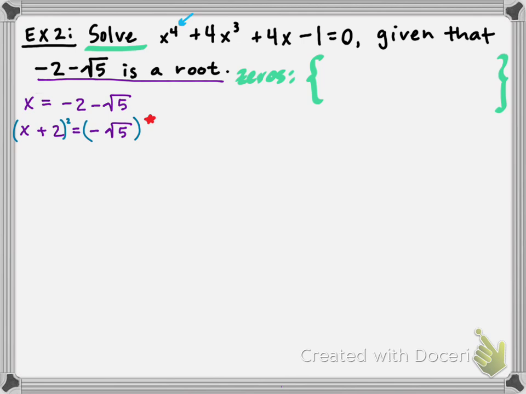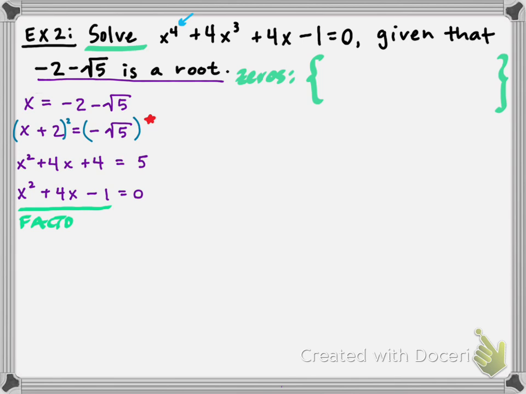So we'll talk about that in a few minutes. So then, from here, expand that binomial. So we have x squared plus 4x plus 4 is equal to, now what's negative square root of 5 times negative square root of 5? Well, that's positive 5. Again, make that say 0 to equal a factor. x squared plus 4x minus 1 equals 0. And sure enough, that is our factor. Okay, so here's our factor.